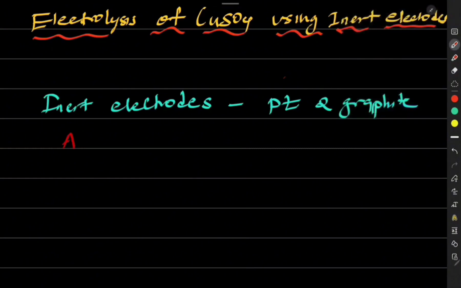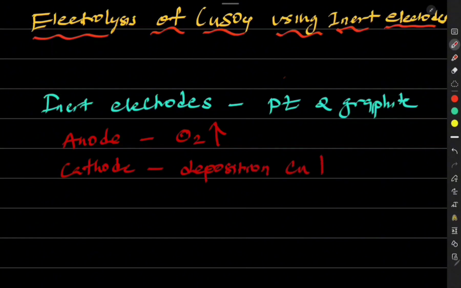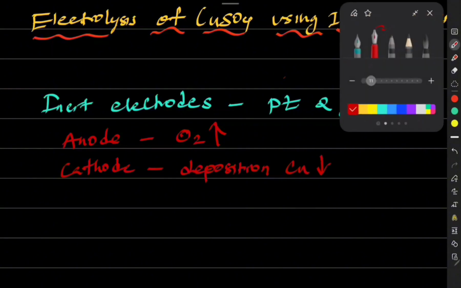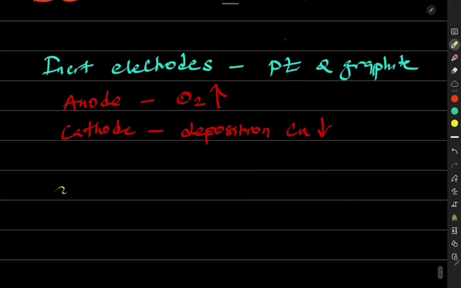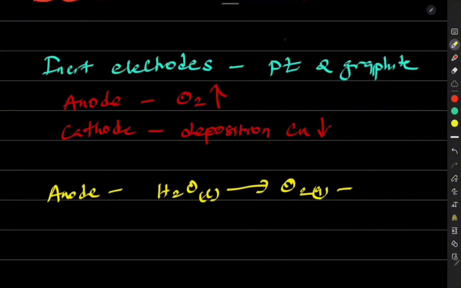Here the anode releases O2 gas, and at the cathode copper deposition occurs. Now let's look at the reactions. Anode reaction: H2O liquid forms O2 gas plus H+ and electrons.